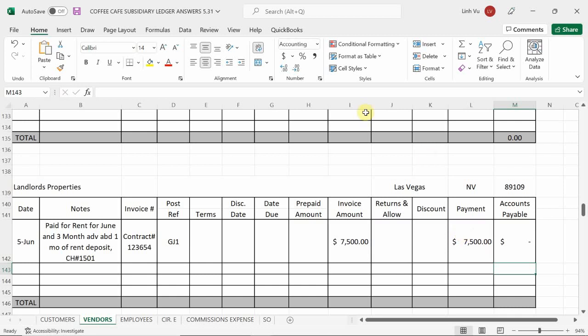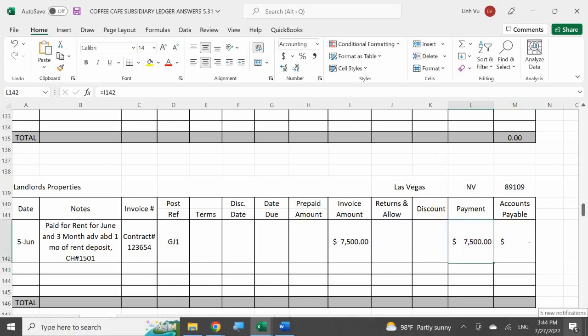Now, what if I didn't put the check in here? With that same exact formula, because I didn't pay my vendor, it shows that I owe $7,500. But we know we made a payment with the check, so now it is decreased to 0.